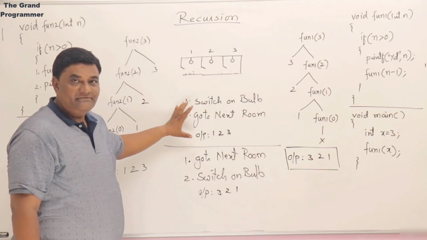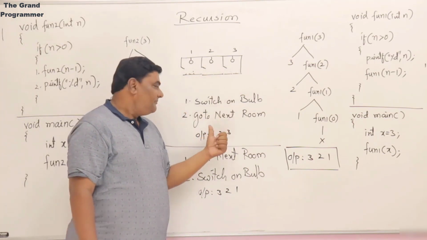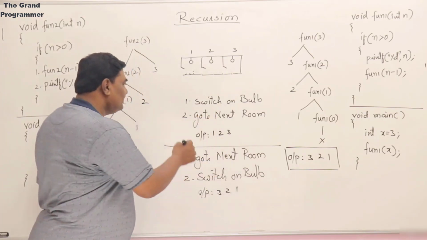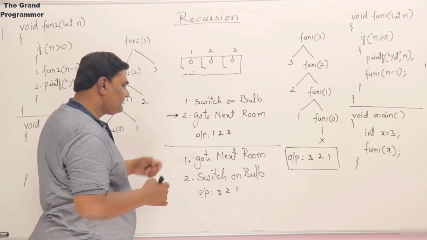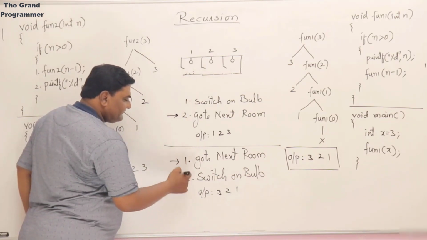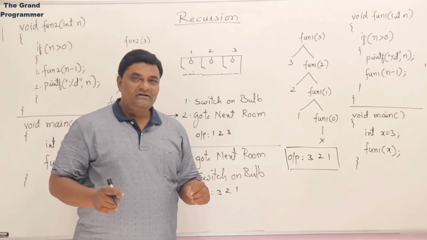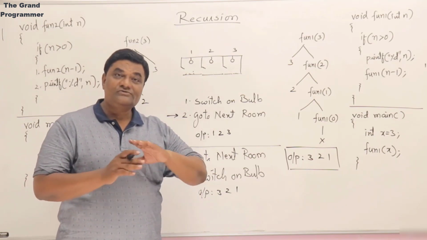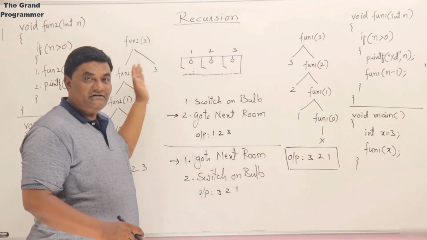In the first set of steps, switch on bulb, then go to next room. So the bulbs were switched on in the order 1, 2, 3. So where is the recursive call? This is the recursive call. First perform the operation, then the recursive call. Here, first the recursive call, then perform the operation. The main important thing I have to show you here is that recursion has two phases: the calling phase and the returning phase.